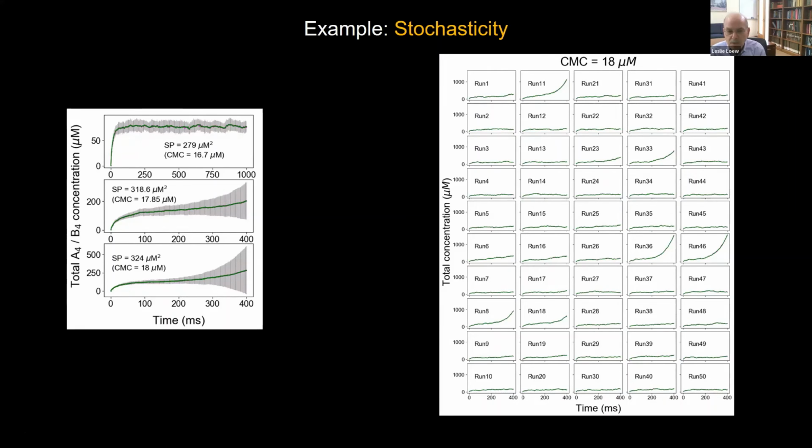So it's very important to look at individual trajectories, and you saw this a little bit yesterday too when Pedro described the bistable system. It's important to look at the individual trajectories, not just at the average of many runs, to really understand what's going on.